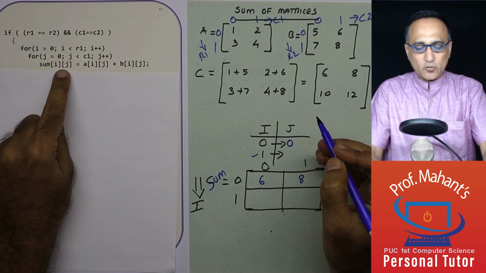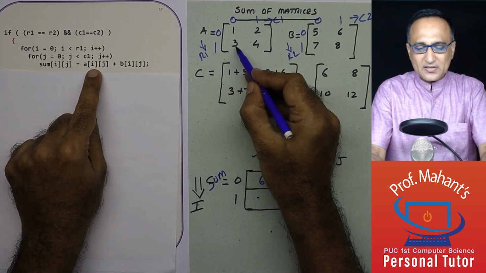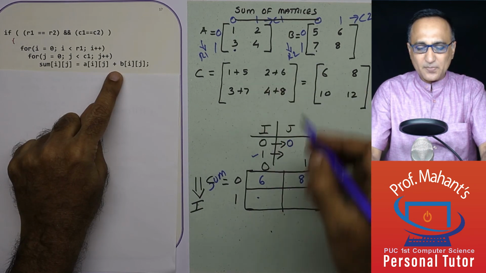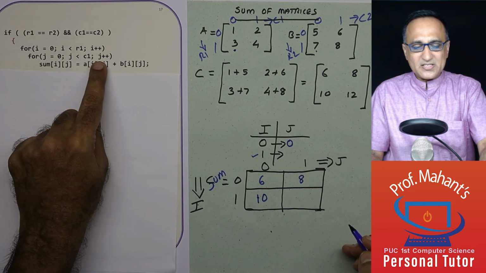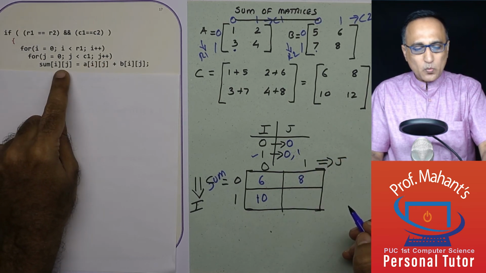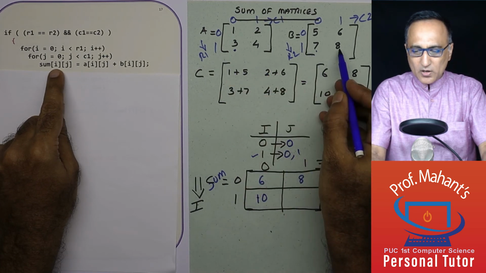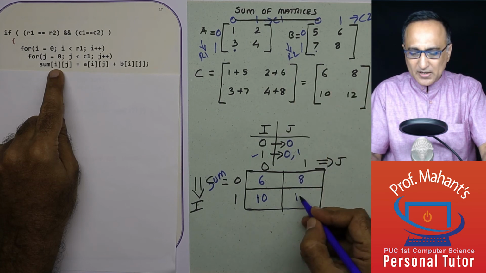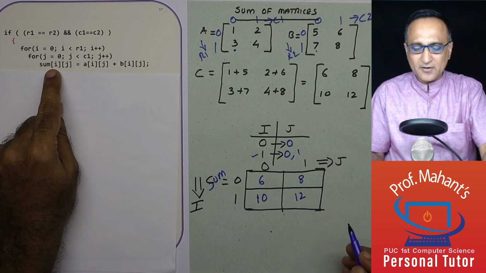A of 1, 0 is this element, and B of 1, 0 is 7. 3 plus 7 happens to be 10. Then I increase j by 1. 1 and 1 is 4, and 1 and 1 of B is 8. 4 plus 8 happens to be 12, which is again 1, 1 of the sum.